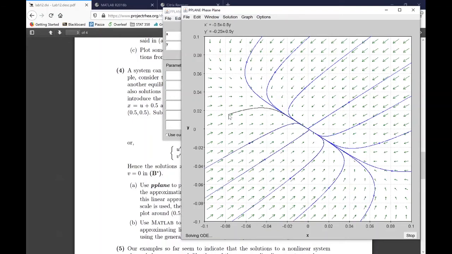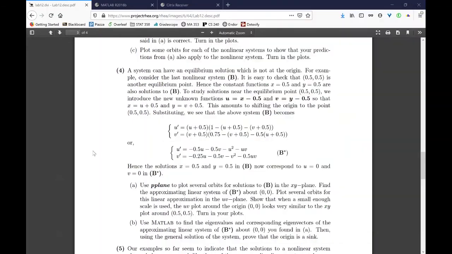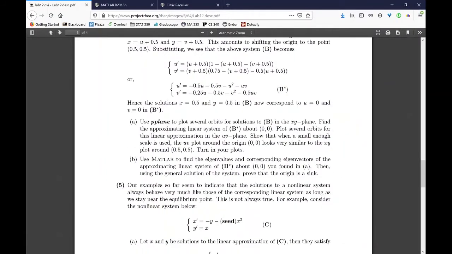Right? Okay, now for part B, use MATLAB to find the eigenvalues and corresponding eigenvectors of our approximating linear system of B star around 0, 0. Then, using the general solution of the system, prove that the origin is a sink.